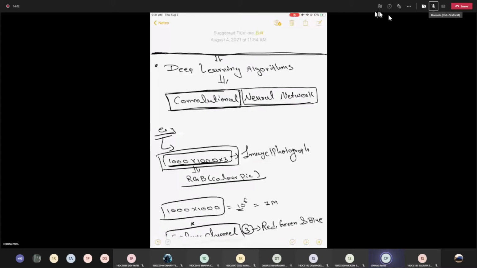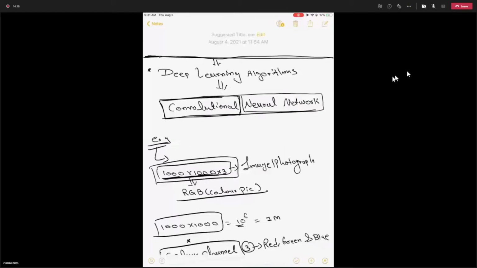Can anyone remind me what exactly we did? Anyone from you guys? You were discussing the signal and then the image, like first the difference, and then how the image is converted, the conversion from the image to the signal.